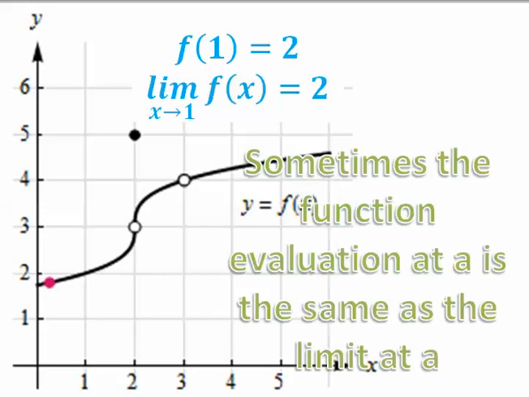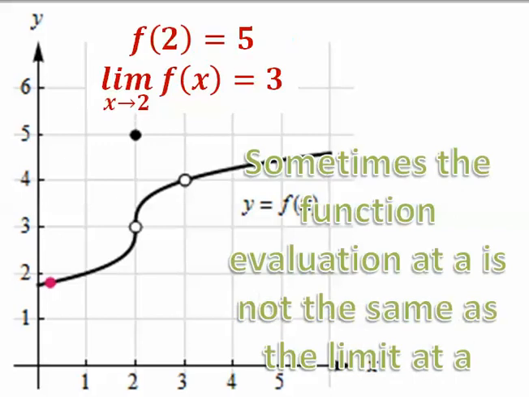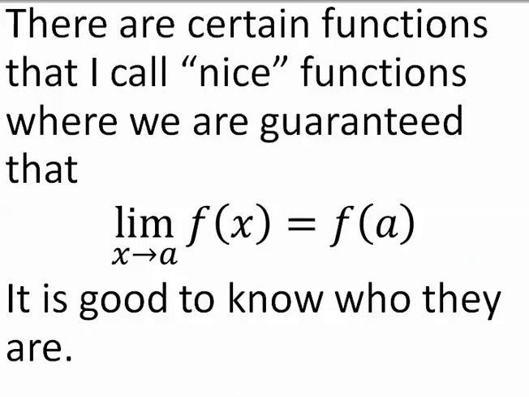Recall that sometimes the function evaluation at a is the same as the limit at a. Sometimes the function evaluation at a is not the same as the limit at a. There are certain functions that I call nice functions, where we are guaranteed that the limit is equal to the evaluation.